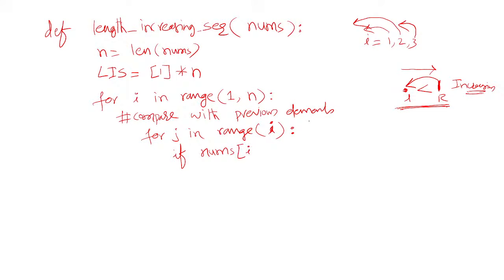So if nums of I, this I indicates the outer loop, so I indicates the right side element and j indicates the left side element. If nums of I is greater than nums of j, that means the right side element is greater than the left side element, so it is forming an increasing subsequence.